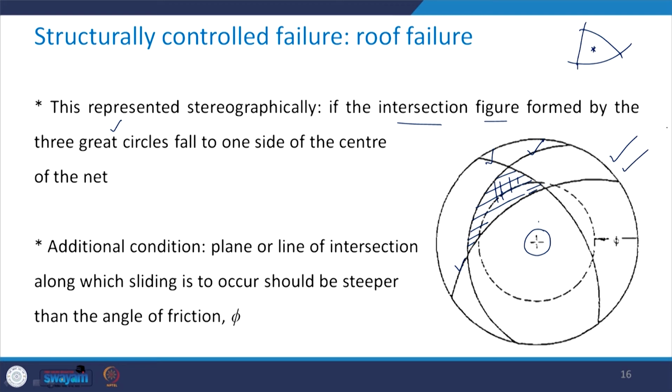Now, the additional condition which is associated here is that the plane or the line of intersection along which the sliding is to occur should be steeper than the angle of friction phi. Now, how do we know whether this condition is being satisfied by looking at the stereographic projection?